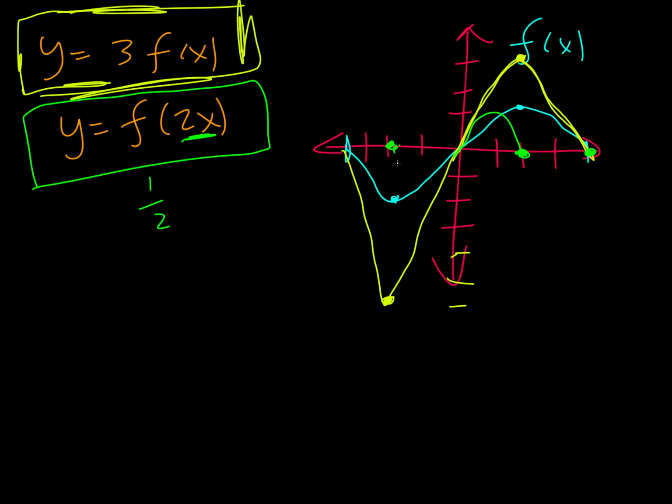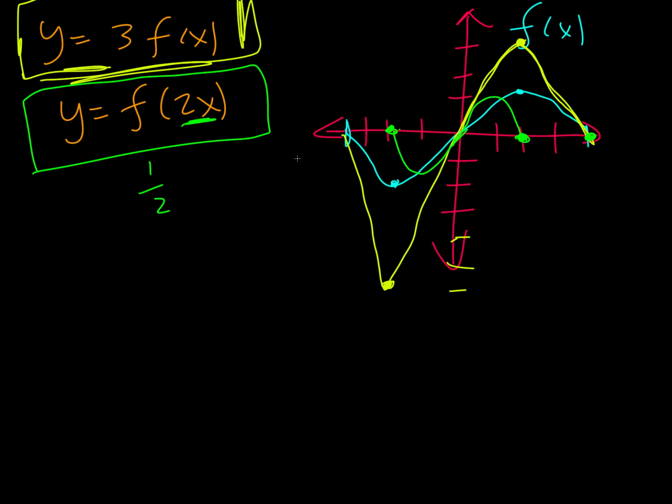Okay, there we go. Okay, so that green one, we're compressing by a factor of 2, or like we're dividing by 2. Okay, there's another example in this section.